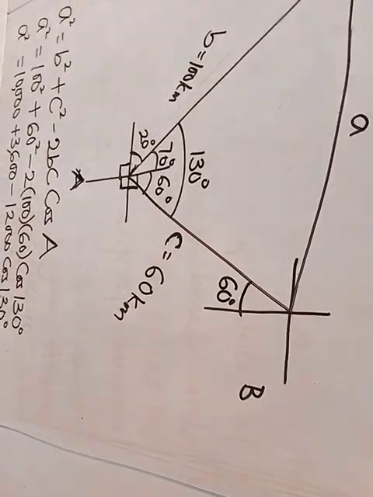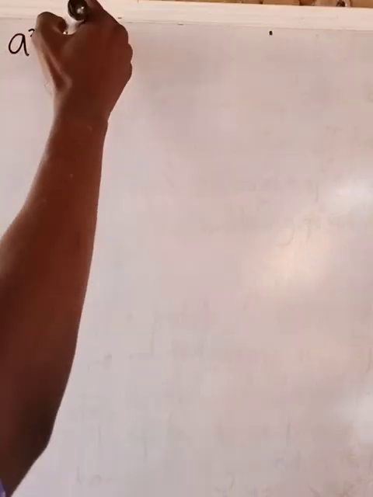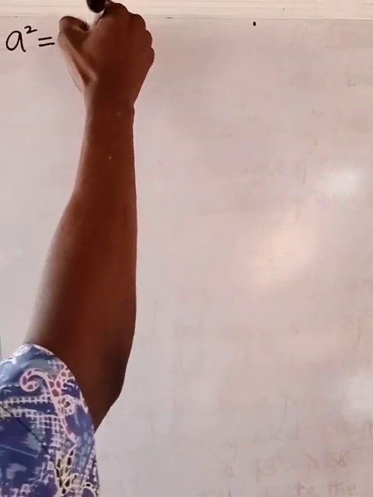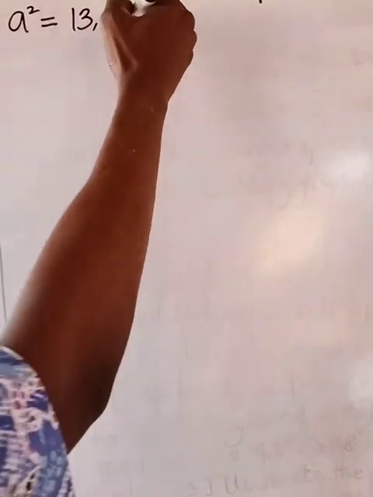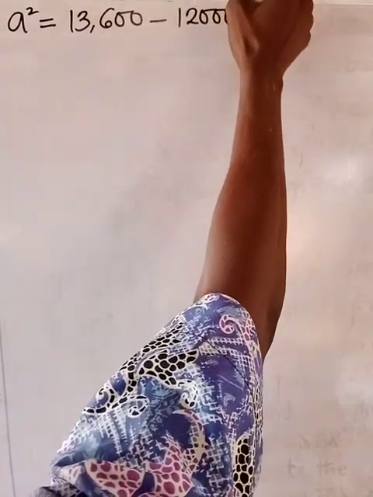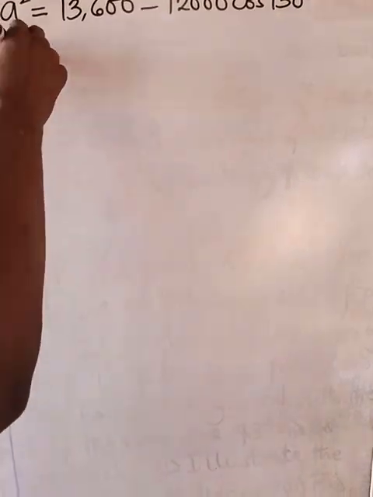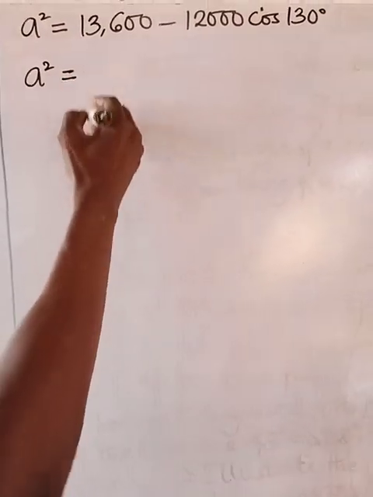To quickly add that up, that's 13,600 minus 12,000 cos 130 degrees.